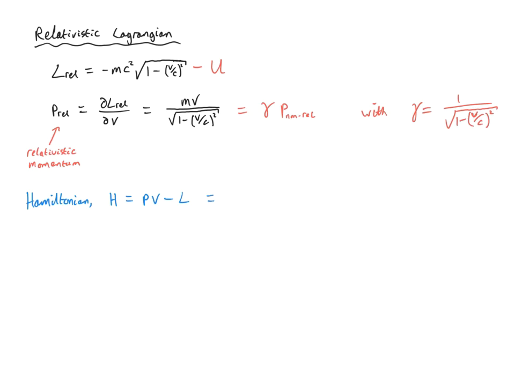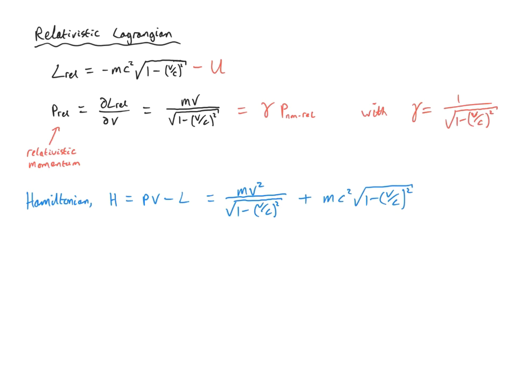So let's just write it out. We would get mv squared upon the square root of 1 minus v upon c squared. That's the first term, and now we need to subtract off the relativistic Lagrangian. I'll just consider here a free particle, and that's going to give me plus mc squared into the square root of 1 minus v upon c squared.